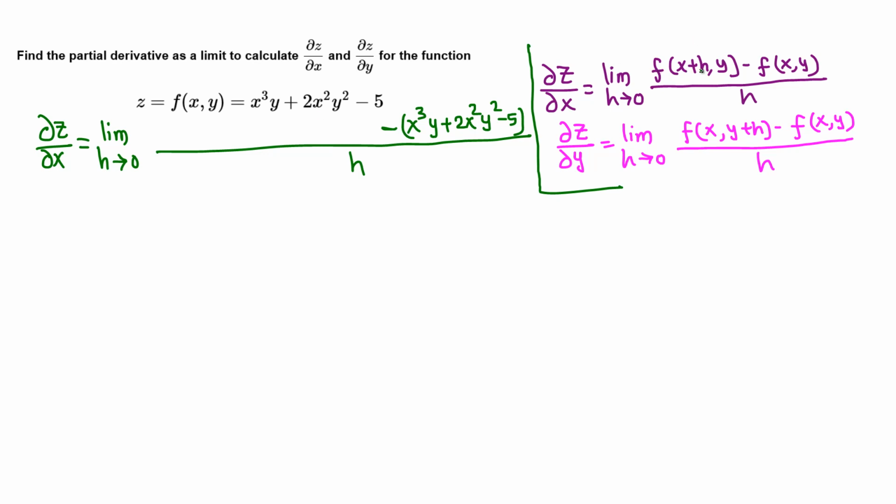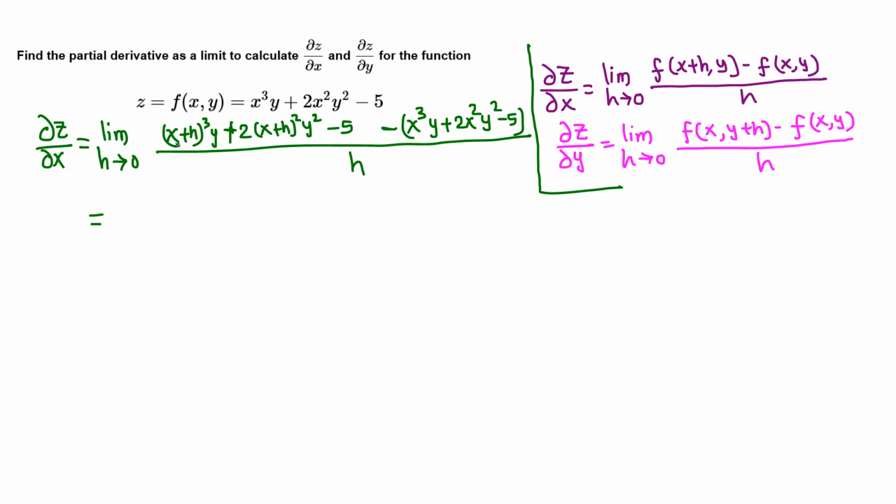Now f of x plus h, y is just replace x by x plus h, so x cubed now becomes (x plus h) cubed y plus 2(x plus h) squared y squared minus 5. Since there is a plus, we don't have to put parentheses around.